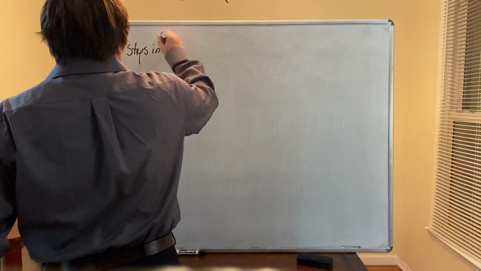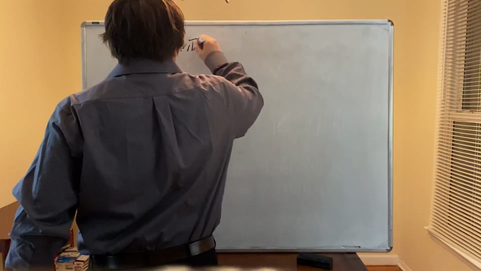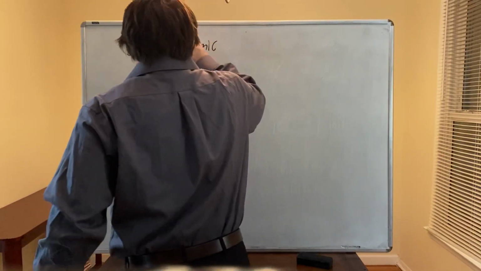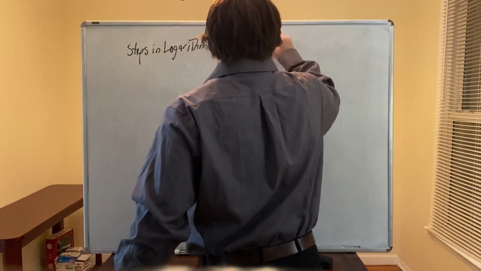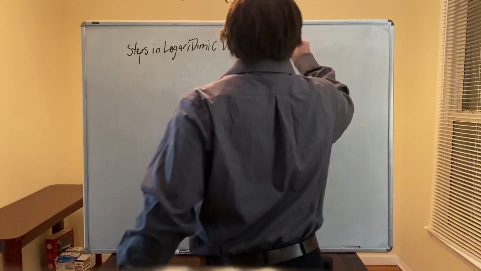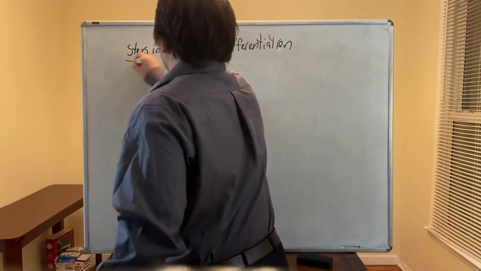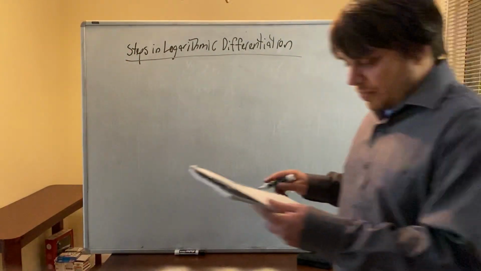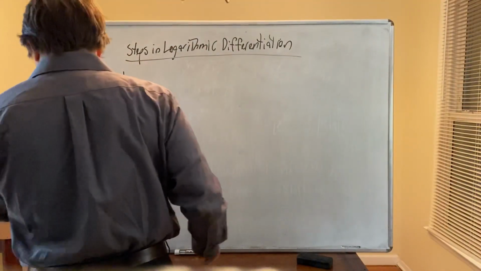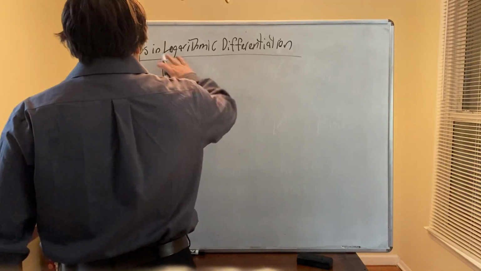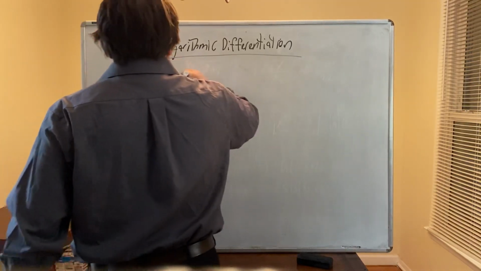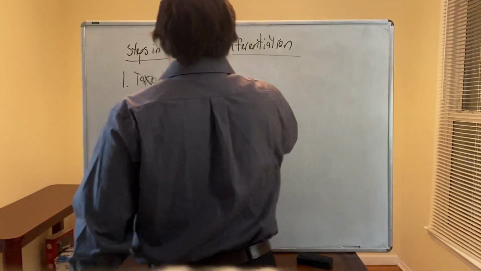Steps in logarithmic differentiation. Step 1. Take natural logarithms of both sides of the equation. Take natural logs. I'm going to abbreviate logarithms as logs.